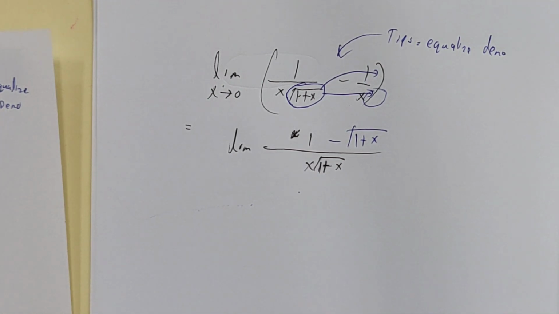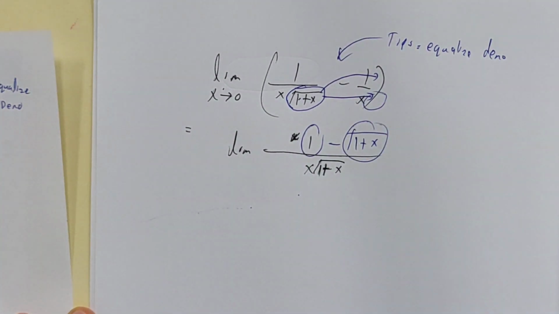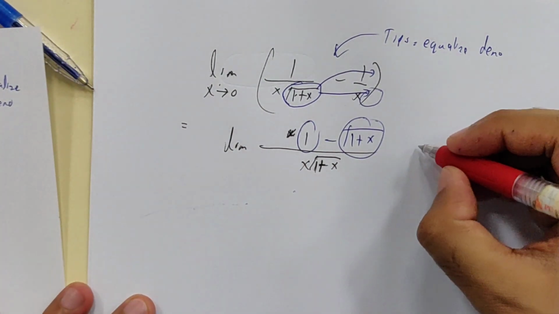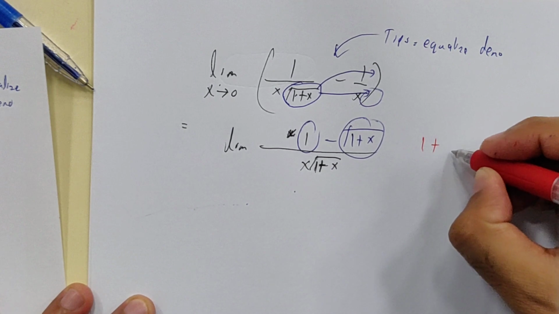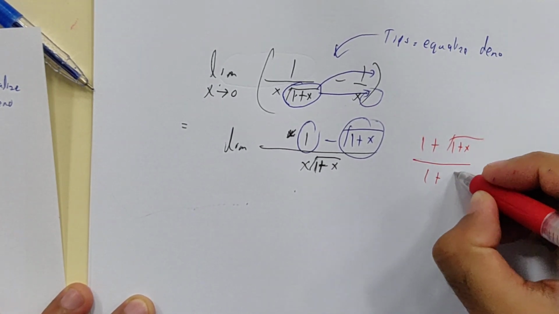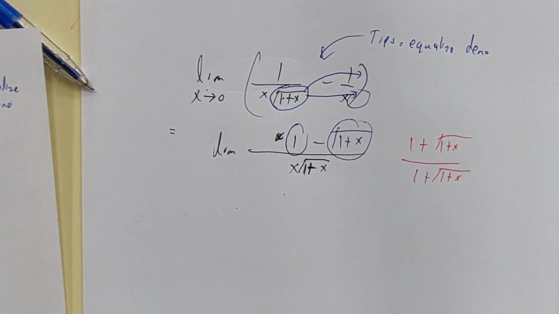We would like to conjugate the top because they have these two things. The bottom one does not have those two things, so the conjugate will be 1 plus square root of x. Can you try to finish it off? I give you 2 minutes.